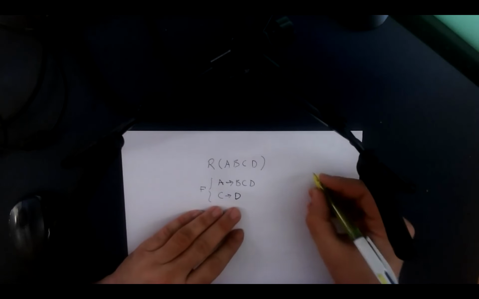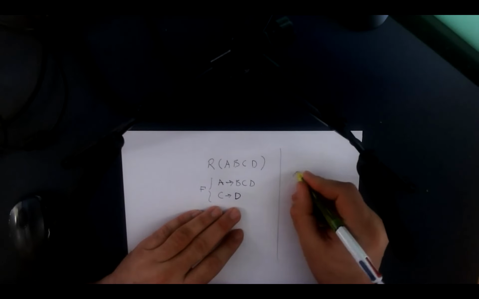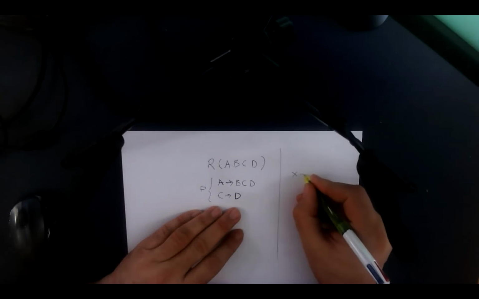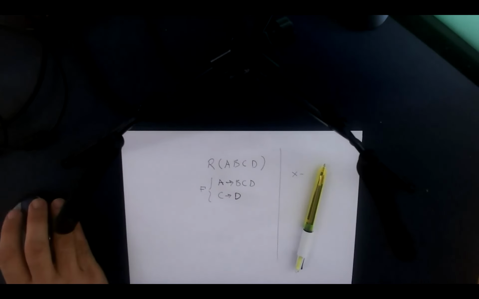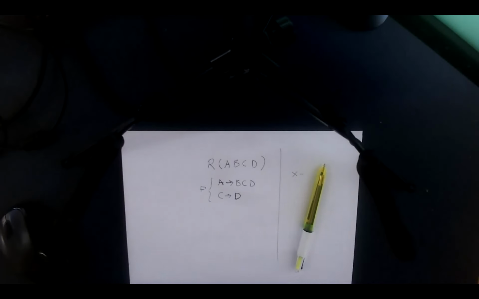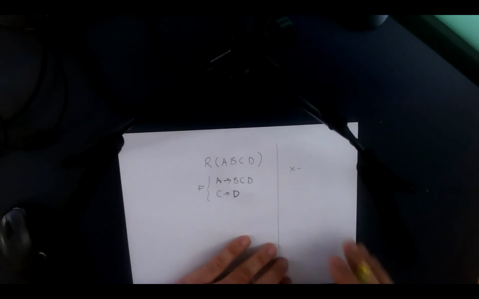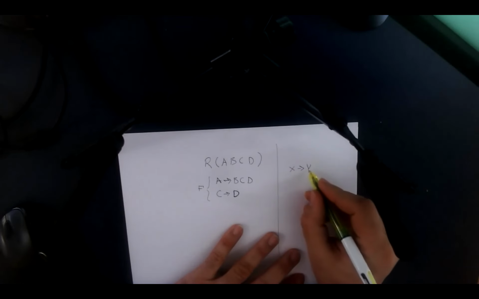So here's kind of the algorithm. If X goes to Y is the offending functional dependency, then let's do the following.